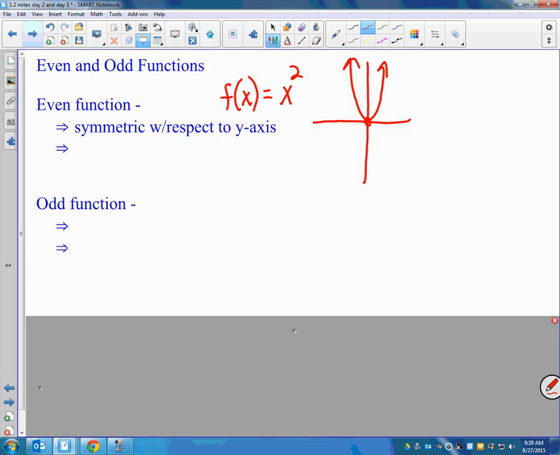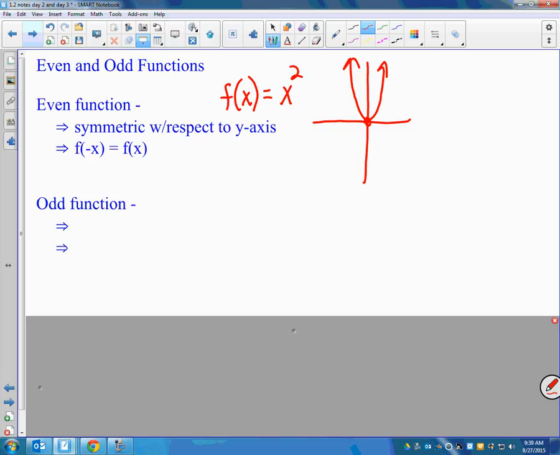So you could use the same thing we did before where you plug in negative x, y, and it works. Another way to write that is we can say if you plug in f of negative x, you should get back f of x, which is exactly what we just did, just writing it a different way, using function notation. And so we'll talk about that in a minute with an example.